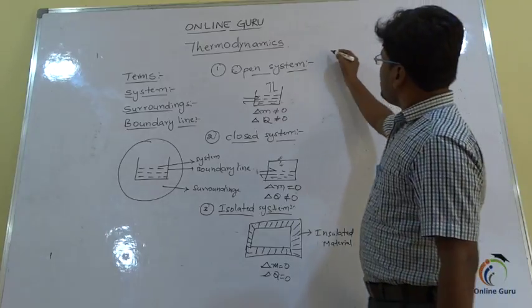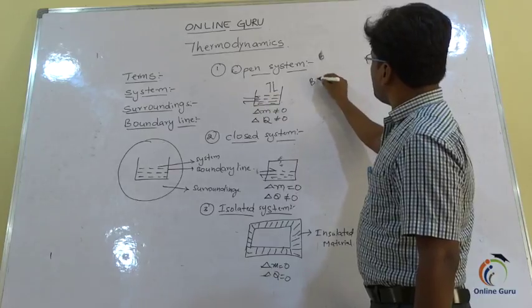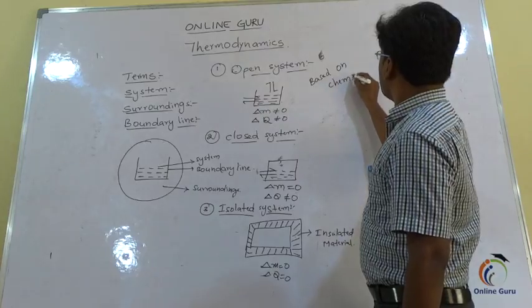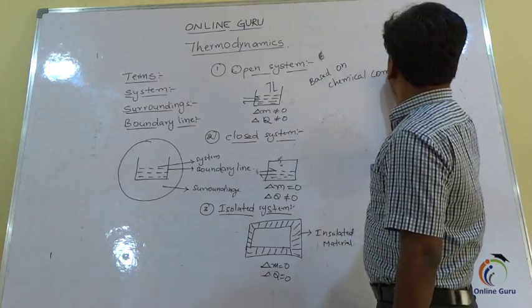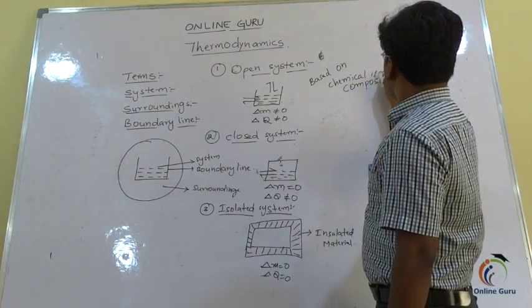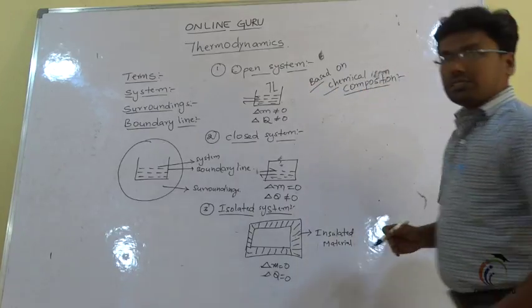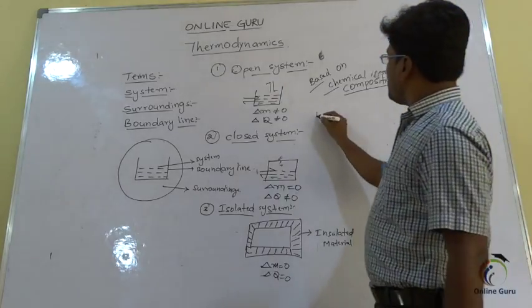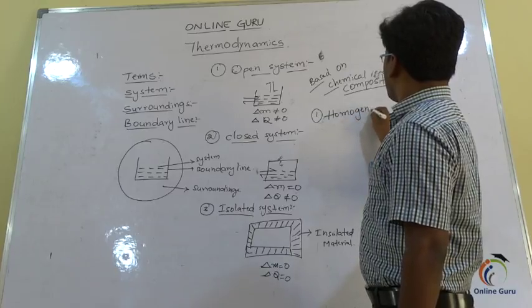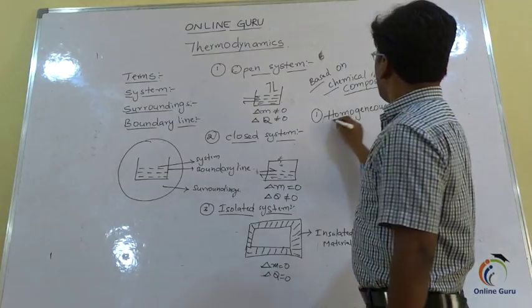Based on chemical composition, these systems are of two types. First one is the homogeneous system.